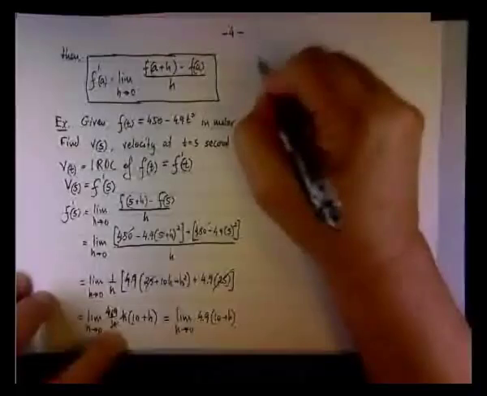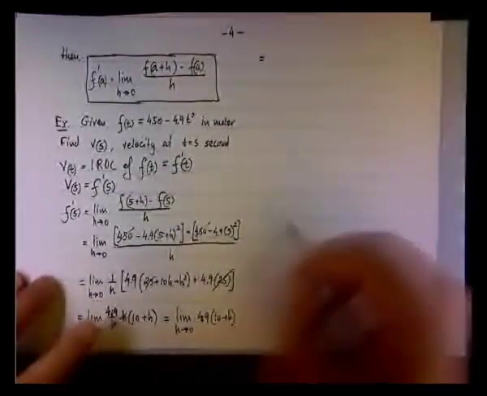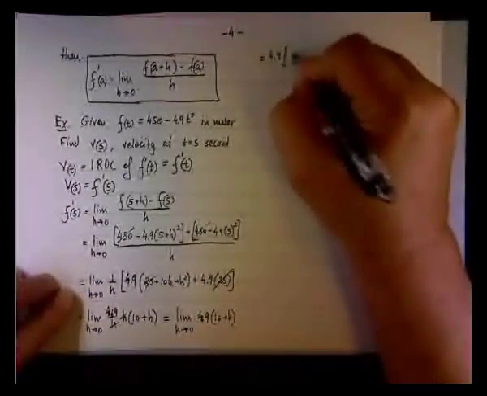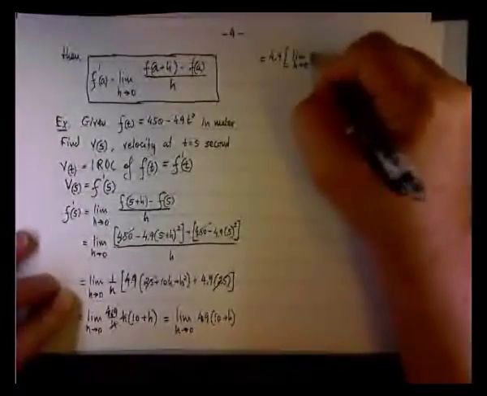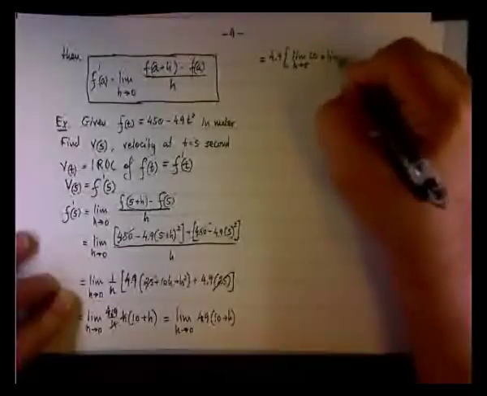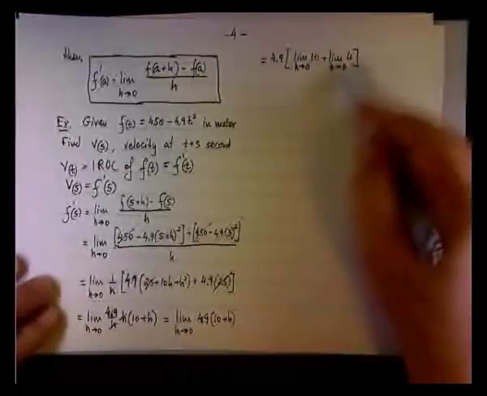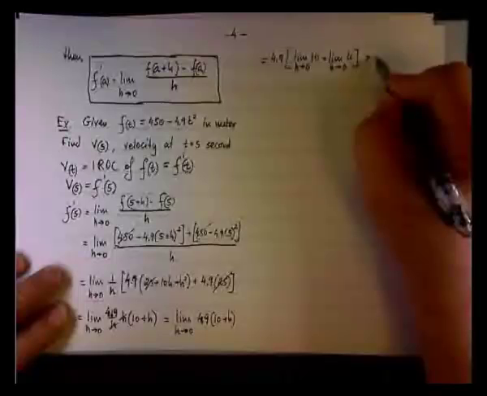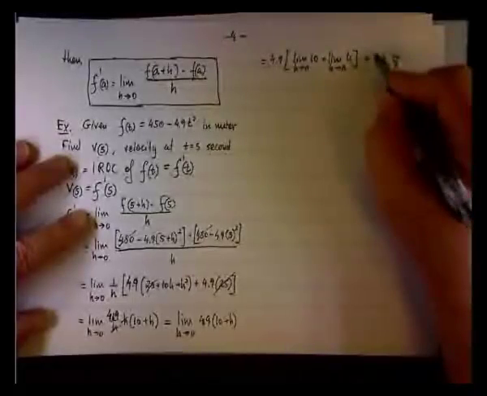And of course, using the limit laws, 4.9 is a constant multiplier, and now I can have 4.9 times the limit as h goes to 0 of 10, plus the limit as h goes to 0 of h, and again this goes to 0, so I end up having 4.9 times 10, or 49, and this will be in meters per second.